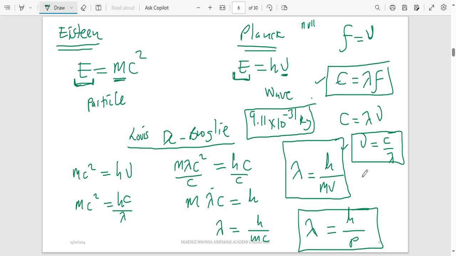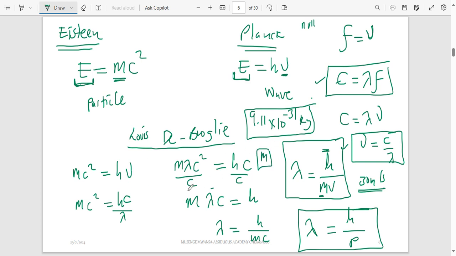Imagine light which is moving at a speed of 30 meters per second hits an electron. What would be the wavelength? All you do is substitute Planck's constant with 6.626 times 10 to the power negative 34, the mass of an electron where there's mass, and the speed where it is given. You find the wavelength, and wavelength is given in meters. That is how you calculate.